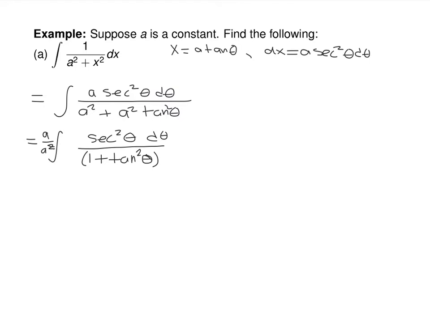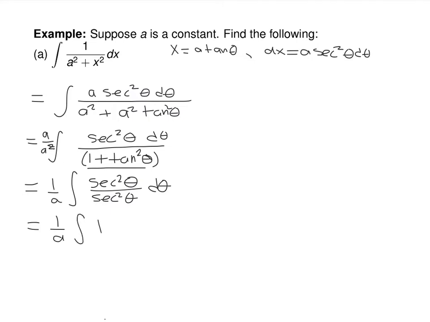Okay, a over a squared is 1 over a. Everyone should know that. And 1 plus tangent squared is just secant squared. So what you really have there is secant squared theta divided by secant squared theta. No, this is not a trick. That is 1. So that's 1 over a.